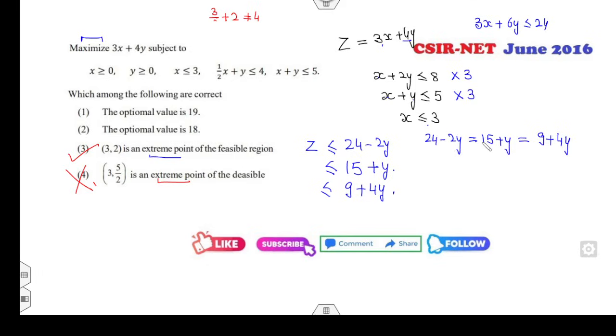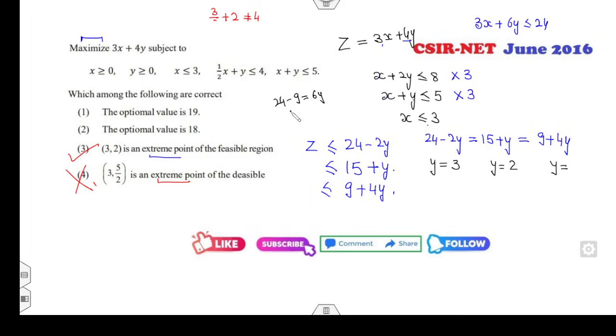From the first and second, what is the value of y? 9, and 9 divided by 3 is 3. From the second and the third, 6 divided by 3, 2. From the first and the third, 24 minus 9, which is 6y.